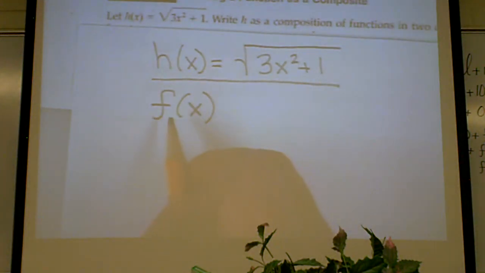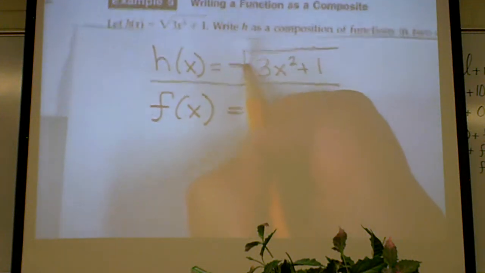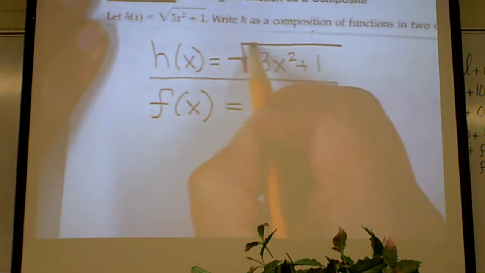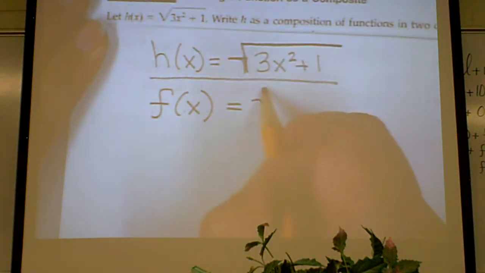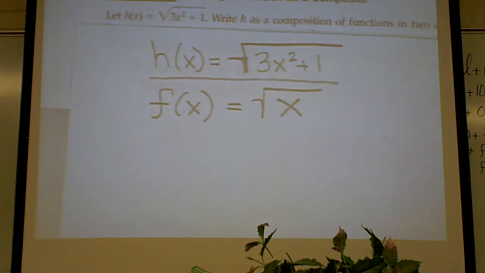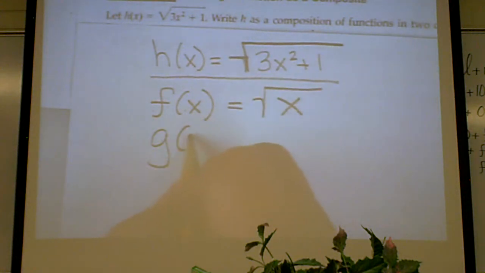If I say let f of x equals, now look at the big picture. This is the square root of something. So I'm going to just write the square root of x. Then I'm going to look not at the big picture, but at what's underneath it, and call it g of x.